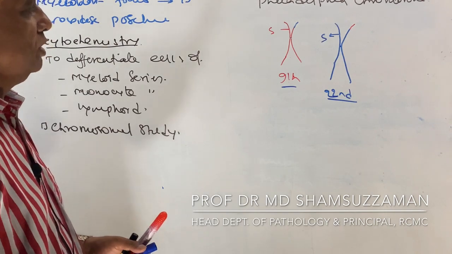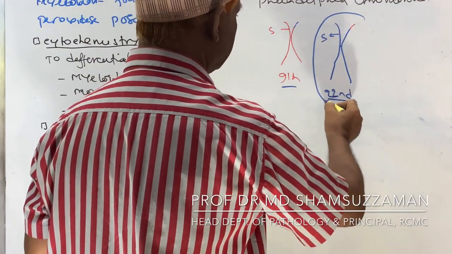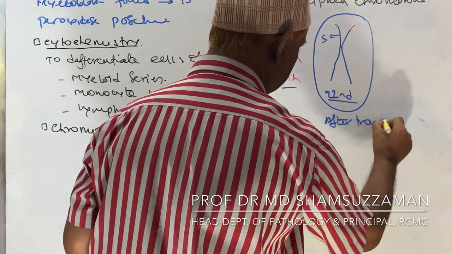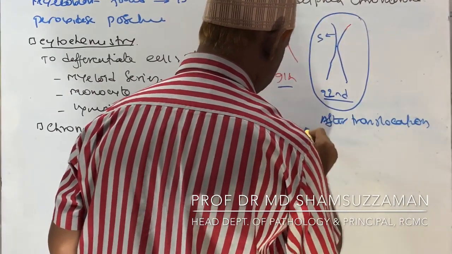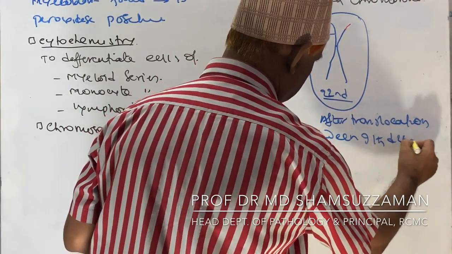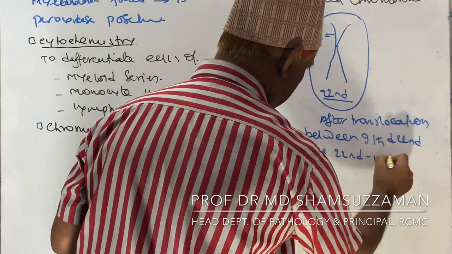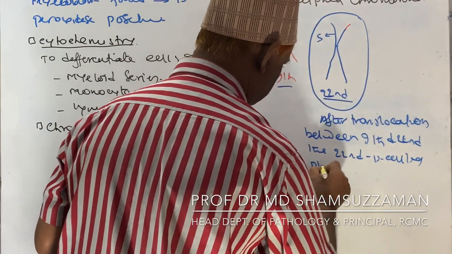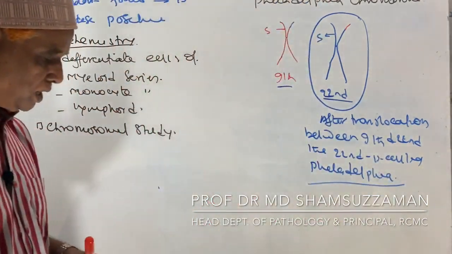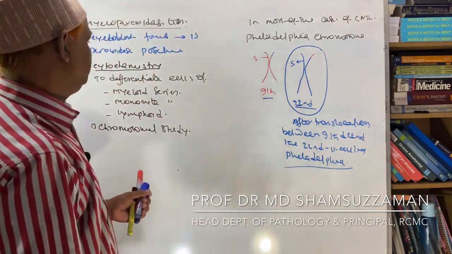After translocation between the 9th and 22nd chromosome, the 22nd chromosome is called Philadelphia chromosome. Why is it called Philadelphia? It is named after the city Philadelphia.